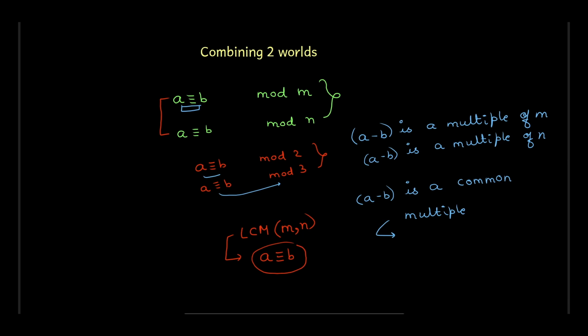So this world LCM of M comma N is bigger than both of these, and they will also be equal in this bigger world. Now of course there could be other bigger worlds as well in which they would be equal, but this is one world where they have to be equal.